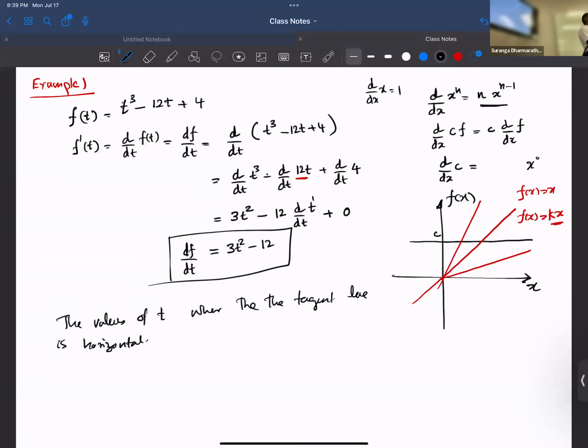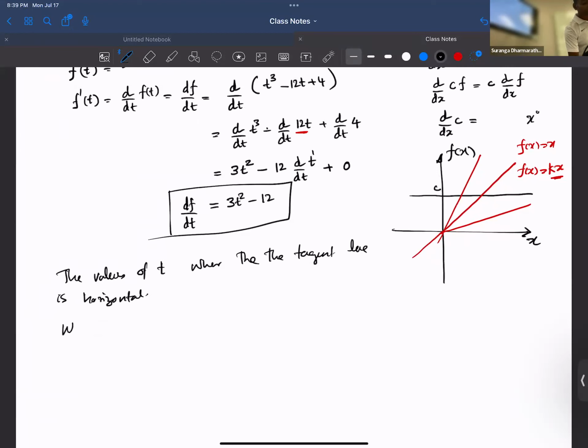If the tangent line is horizontal, what is the value of the derivative? We just talked about it. 0. So wherever the point is, it doesn't matter, your derivative should be 0.